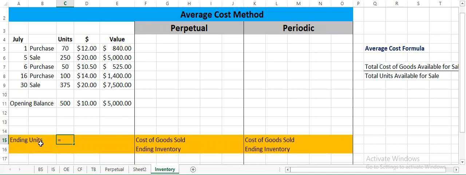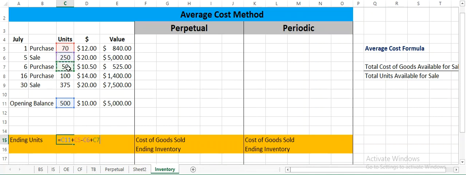So let's use a formula. We start with 500, and we go from top to bottom, from the first day until the end of the month. We purchased 70 units, so we add those 70 units to our 500, because that's what happens when we purchase something. If we sell 250 units, we have 250 less, so we take away.